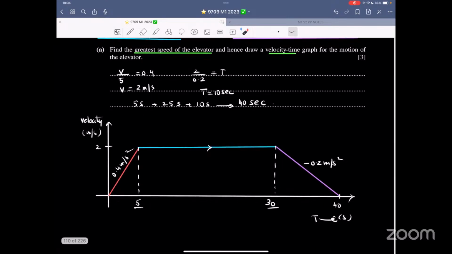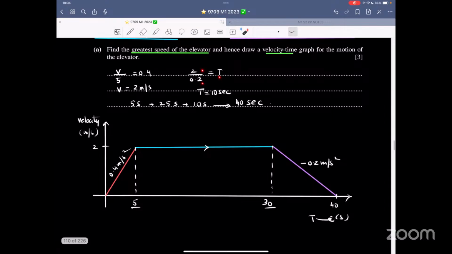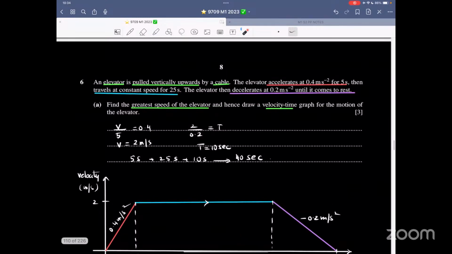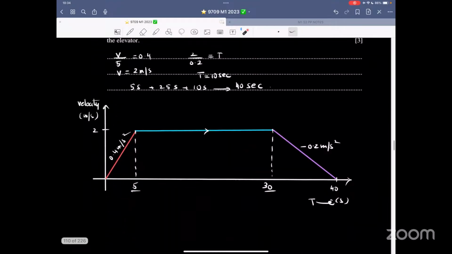So 2 divided by 0.2 is t. t is 10 seconds. I just use the absolute value. So 30 plus 10, that is 40. And in between, there was a constant speed. So that is 5 till 30. So first 5 seconds, then next 25, then next 10.